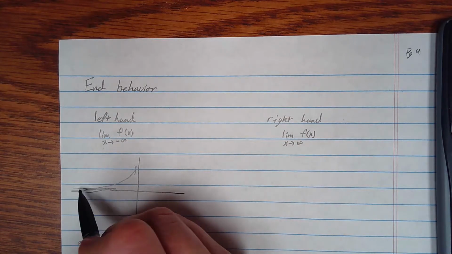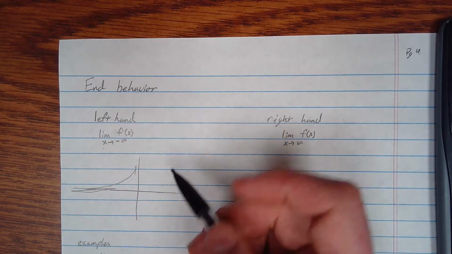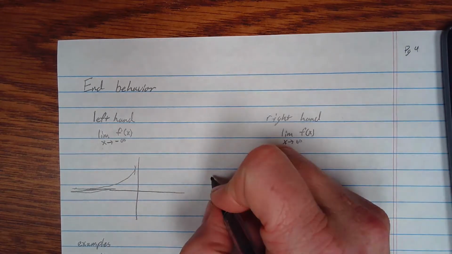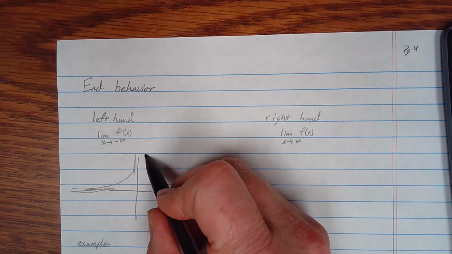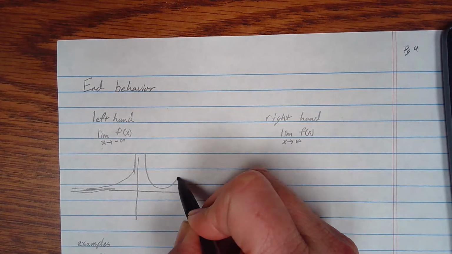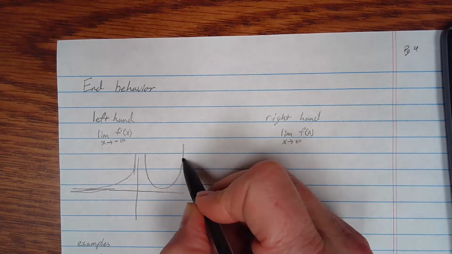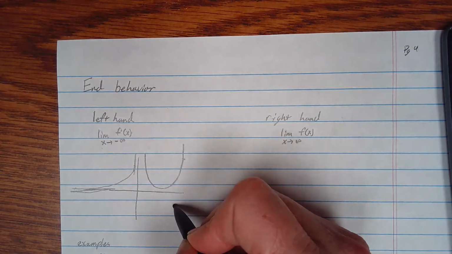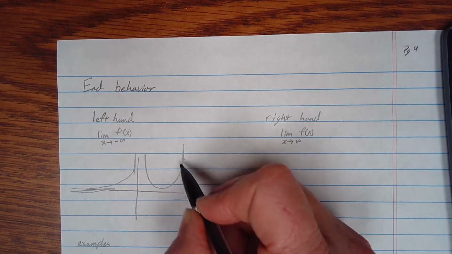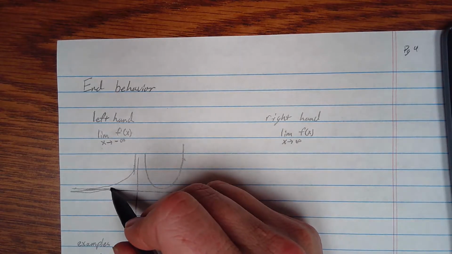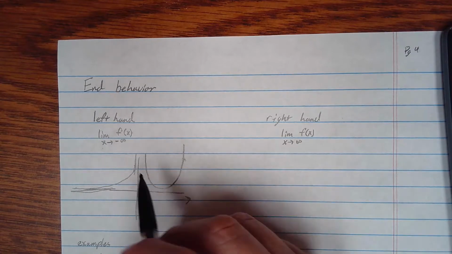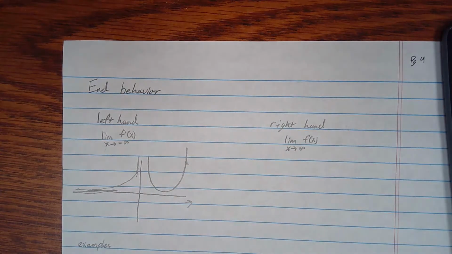Okay, as you can see here, I'm getting closer and closer to 0. I could also end up with something like this, where it looks like a parabola or something. Here, I'm getting closer and closer to infinity. So as I go toward positive infinity, I'm going to go toward infinity, where here I'm going toward a specific number. So I have two basic possibilities as I look at the end behavior.